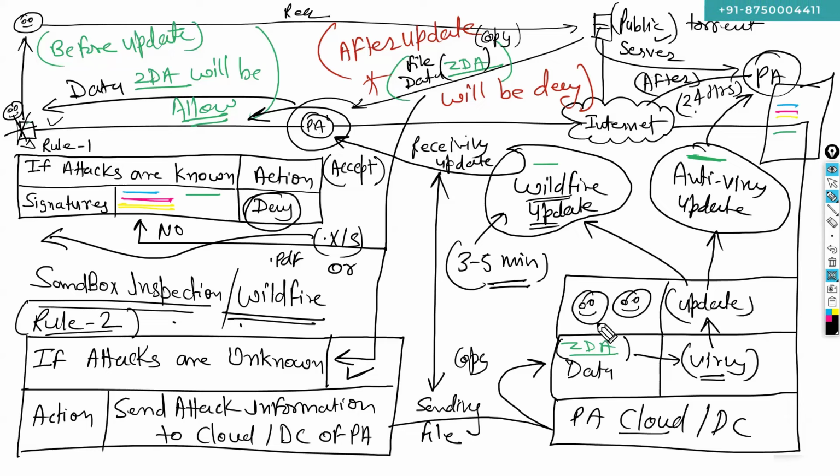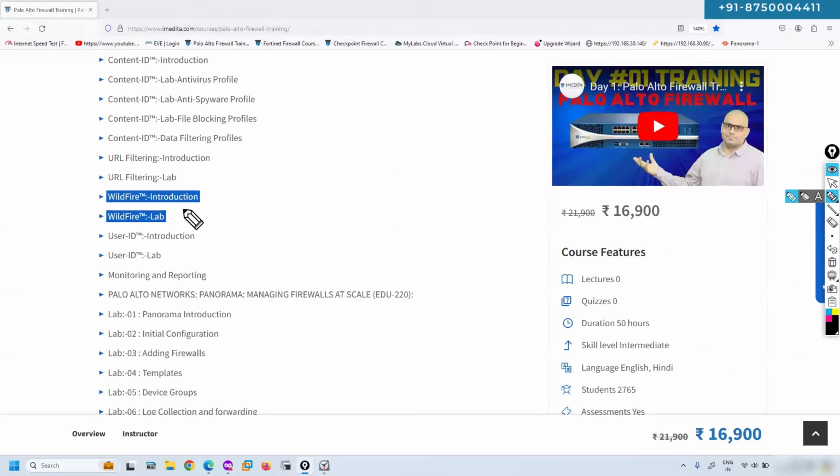If you are generating antivirus signatures, you can't implement the firewall or configure routing. Both tasks are done by separate engineers or experts. This thing is called WildFire.